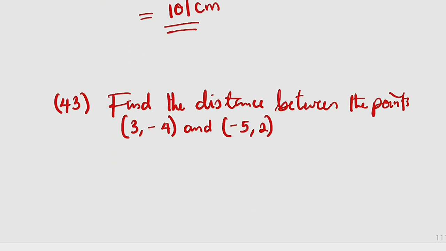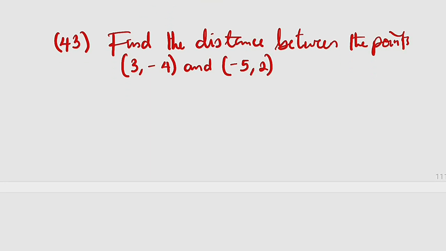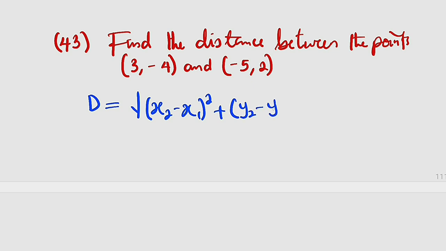Question number 43, we are asked to find the distance between these 2 points, (3, negative 4) and (negative 5, 2). So what is the distance formula? D is equal to the square root of (x2 minus x1) whole squared plus (y2 minus y1) whole squared. Simplify and get your final answer.